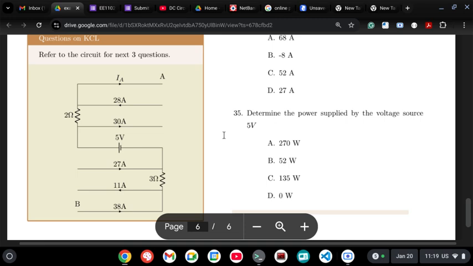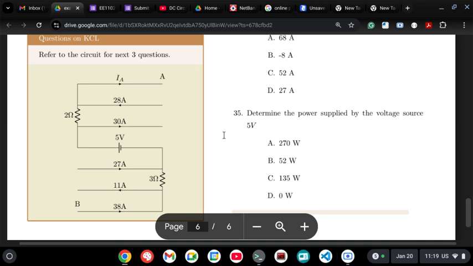But the question is, this 81 volts, which side is higher, which side is lower? That we need to determine. But look at the current. Current is going from here to here. That means the bottom side must be the higher voltage, because of that the current is going upwards.